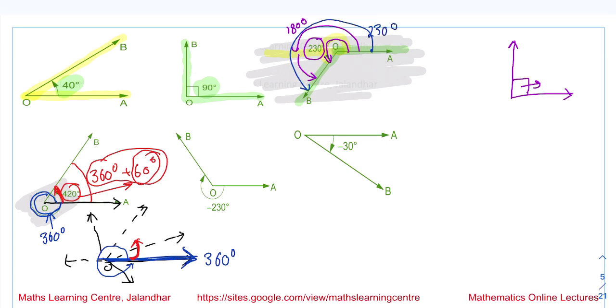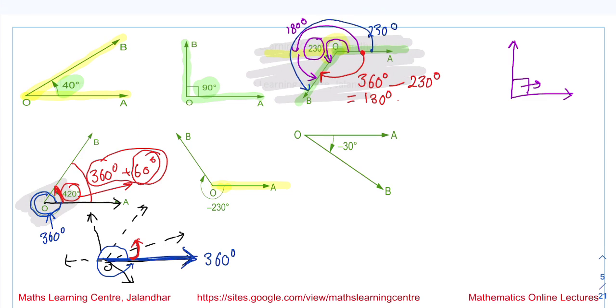Now suppose we start from this point A and move in the other direction. Then the angle will be 360 degrees minus 230 degrees, so the answer we obtain is 130 degrees.